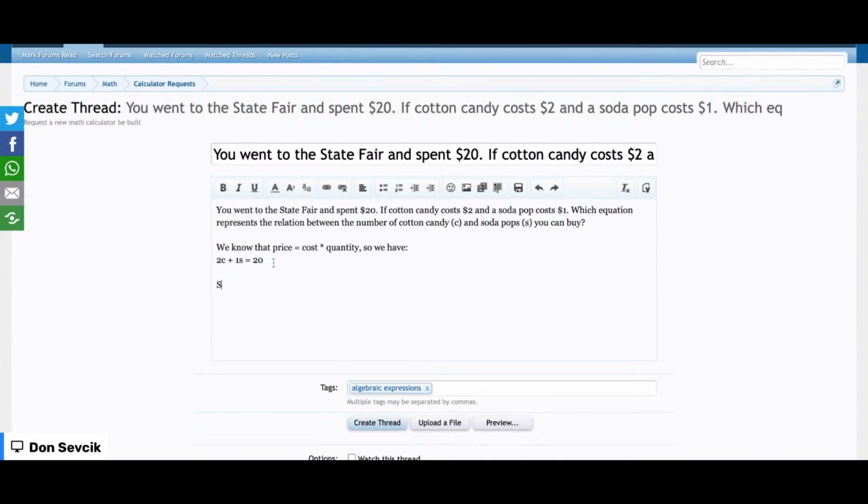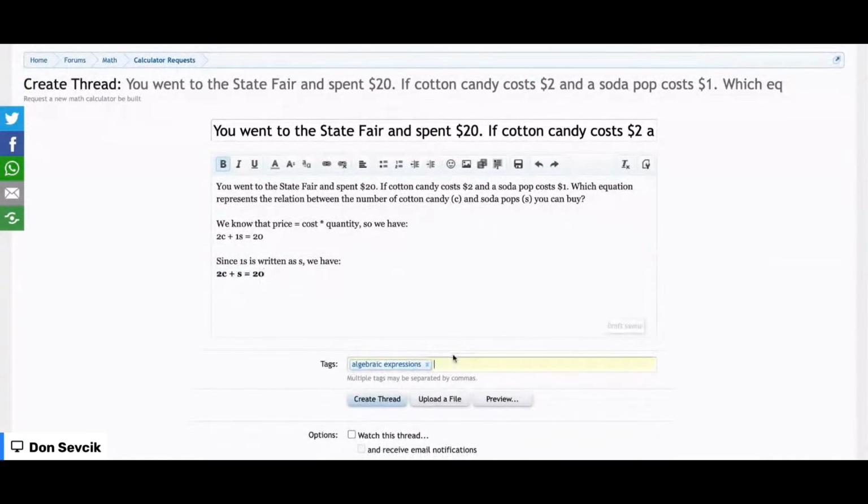But since 1S is written as S, we have 2C plus S equals 20. That's our expression. So this is also called a cost function. So the key here is price equals cost times quantity.